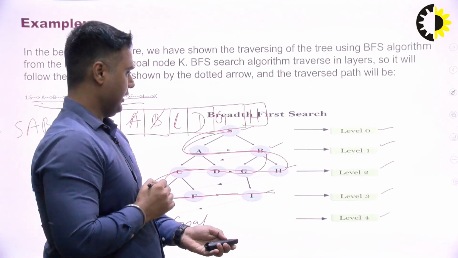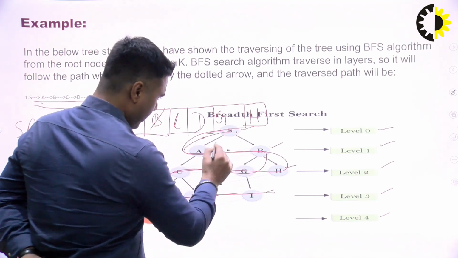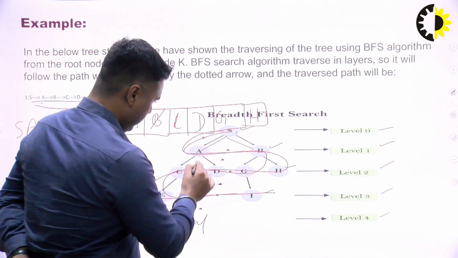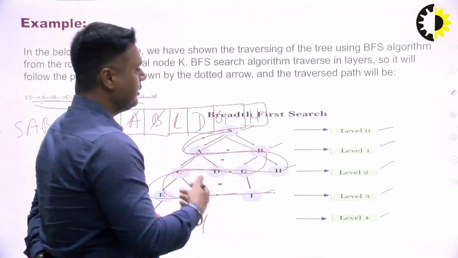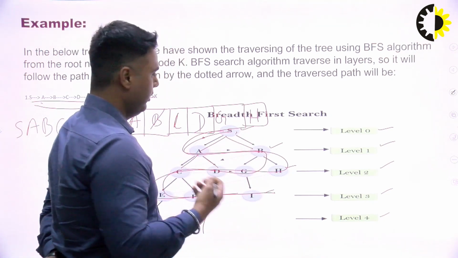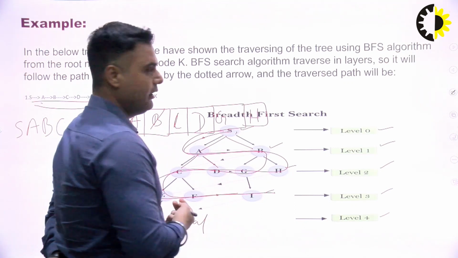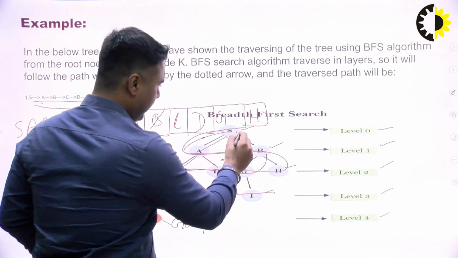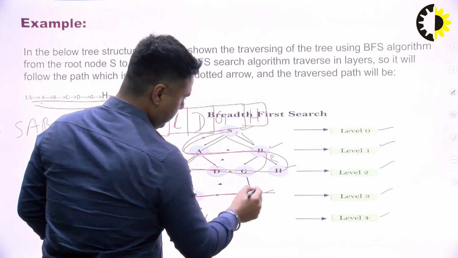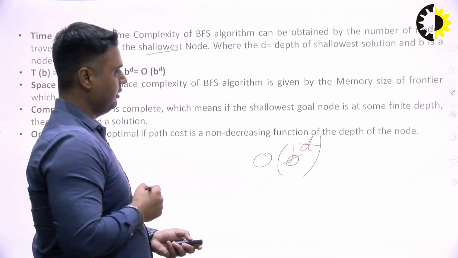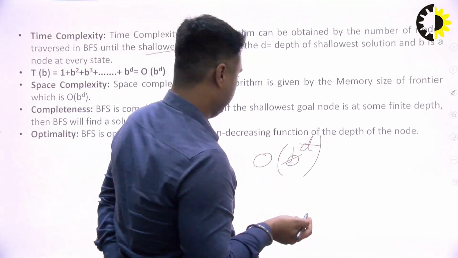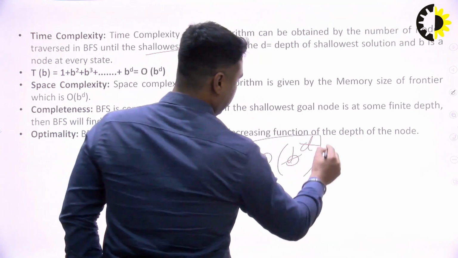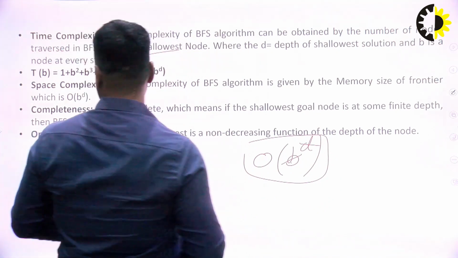Going back to the previous slides, the number of branches is 2. The maximum number of branches is 2 and 3. That means the number of branches is not limited, and the depth is 1, 2, 3 as mentioned here. So B is the branching factor and D is the depth. So the time complexity is O(B to the power D).